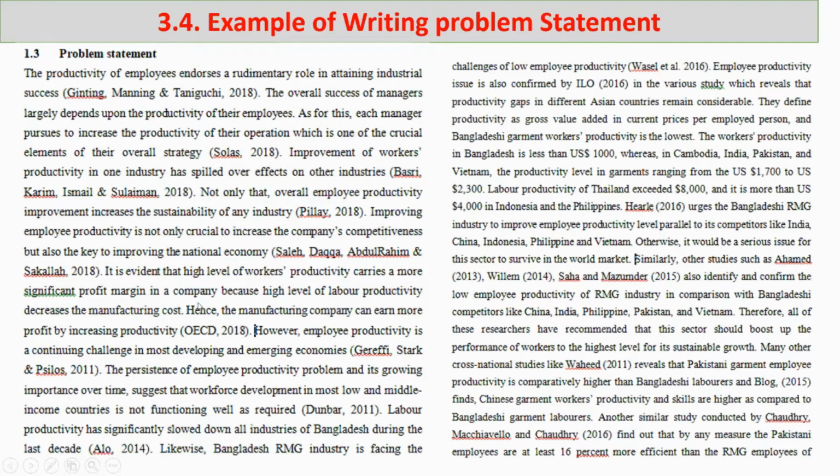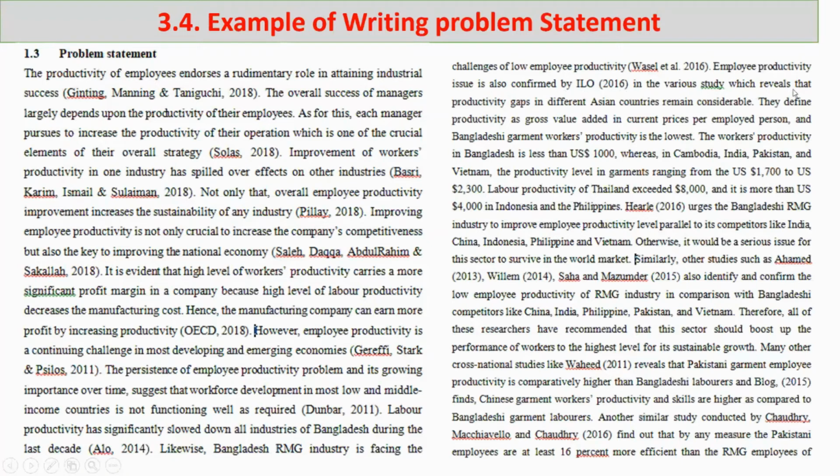So it is generally giving the idea of what productivity is. Then, however, employee productivity is a continuous challenge in most developing and emerging economies. The presence of the employee productivity problem is growing. So it is talking about productivity, the problem in general. Then we come specifically to employee productivity; the issue is also confirmed by ILO.